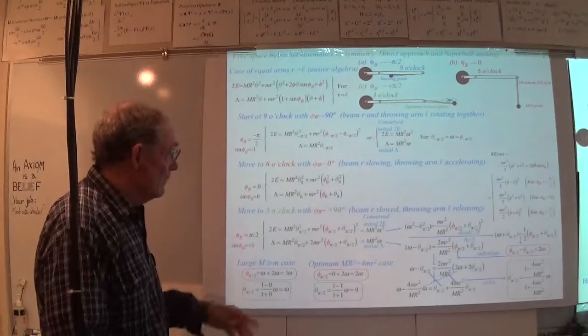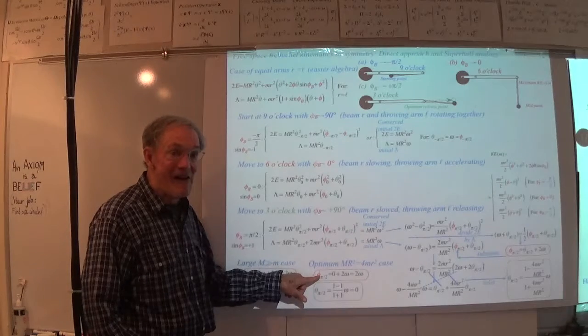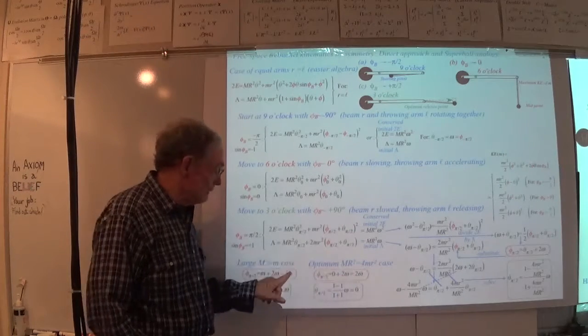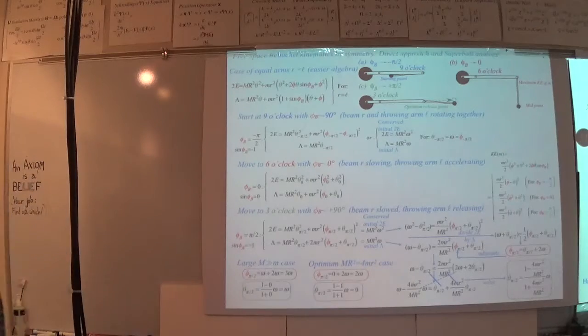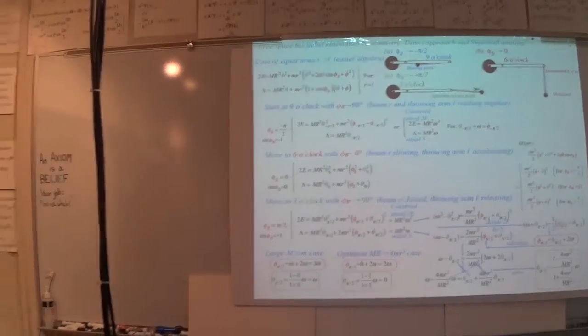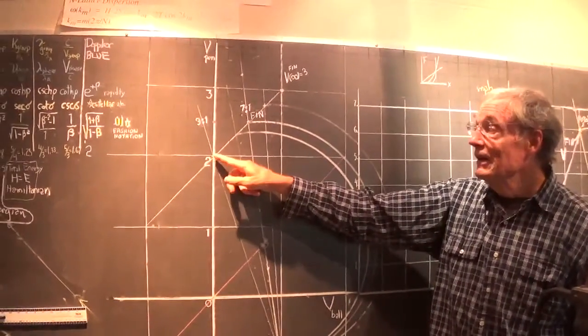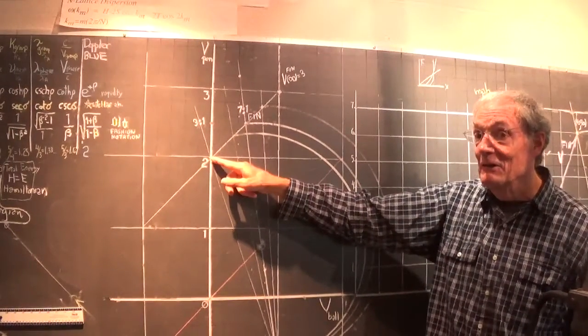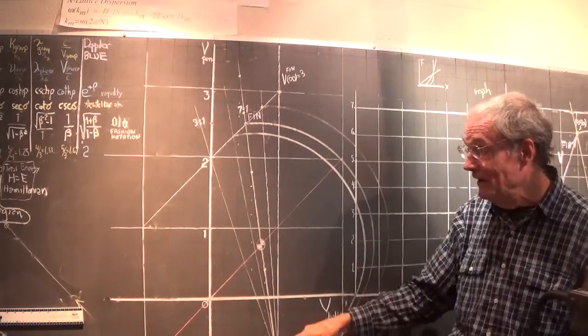And what do you get now for the projectile? 2 instead of 3. Back to here, right? This is 3. Our case that we had with that mass ratio of 3 to 1, remember?